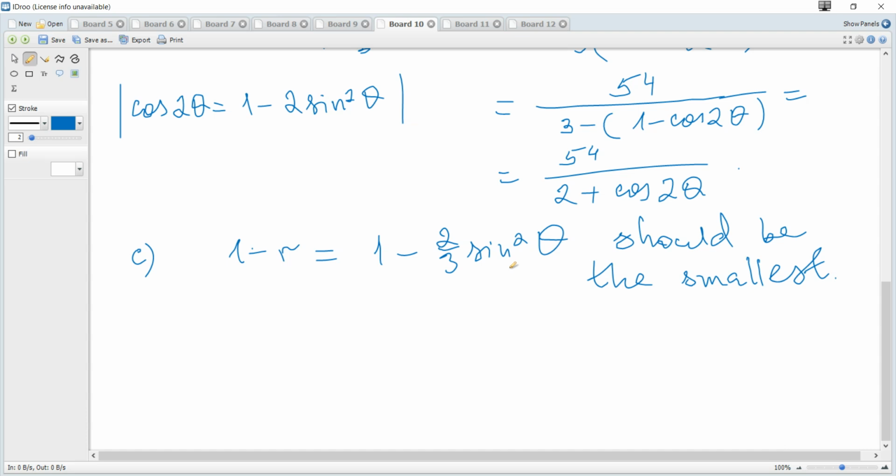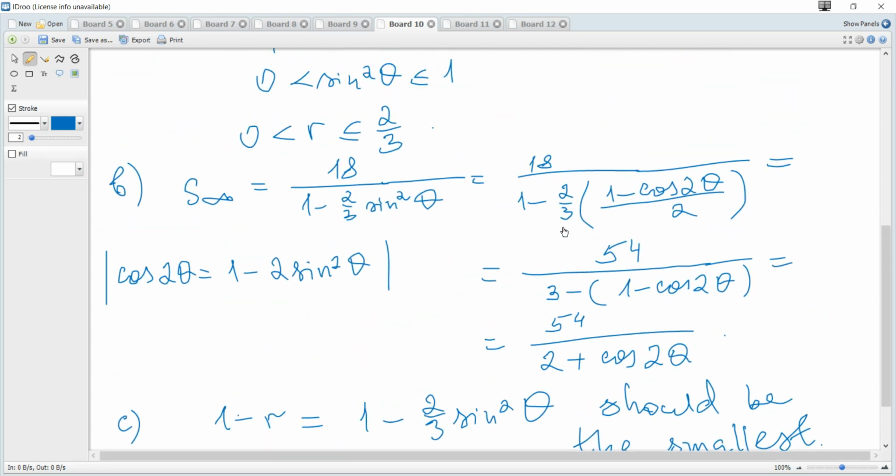And since sine squared has a range, sine squared should be just 1. So when sine squared is the largest possible value, 1 minus r will be the smallest possible value.